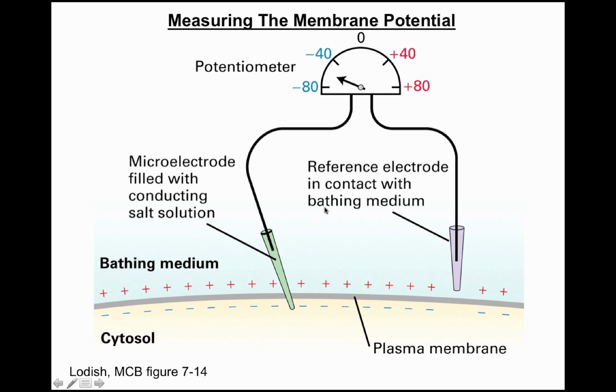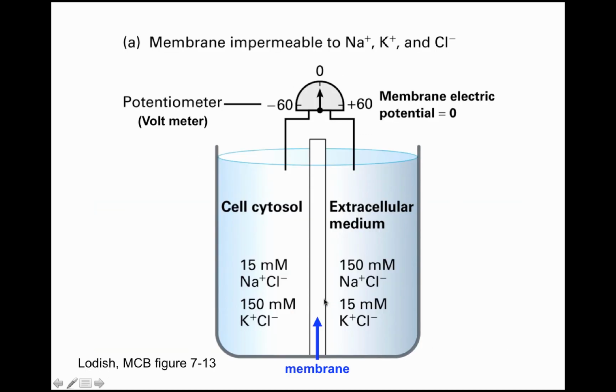Then we can have a reference electrode that is contacting the medium of the cell outside of the plasma membrane, and therefore we can observe the change in voltage across the membrane by measuring the ions that are present on each side.